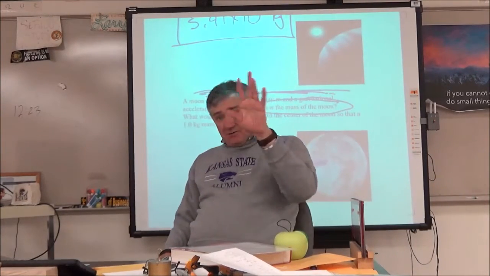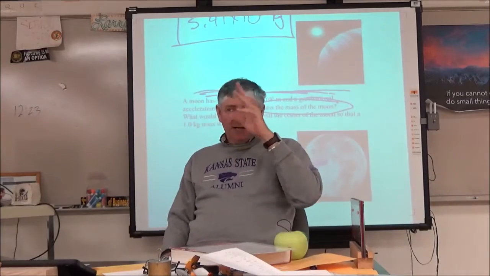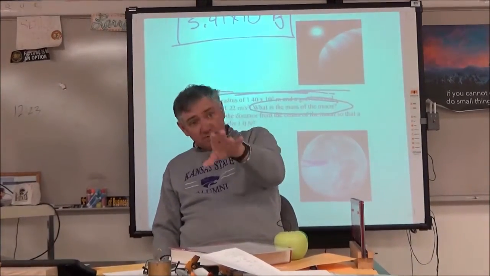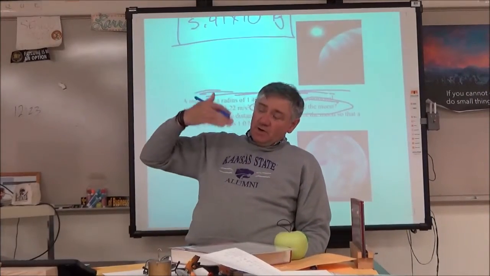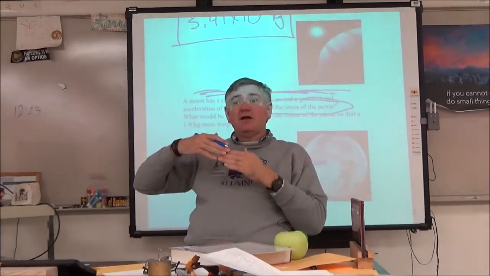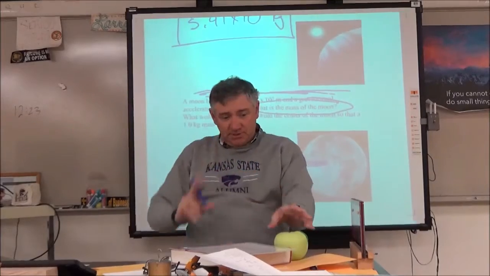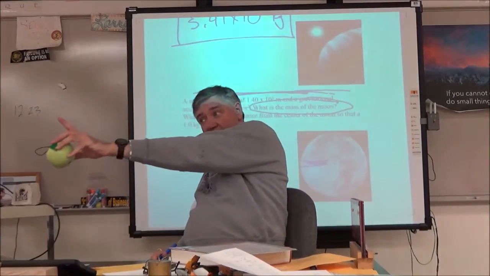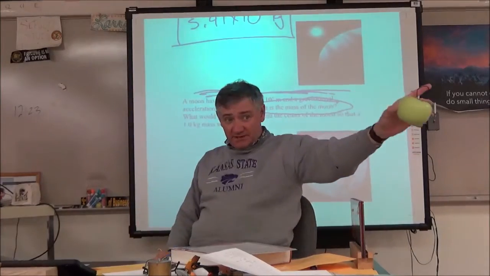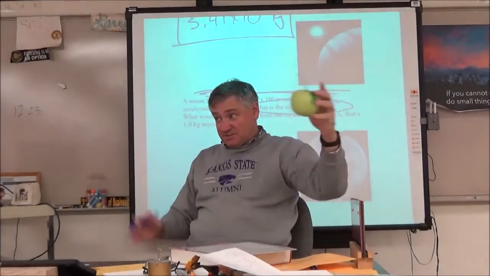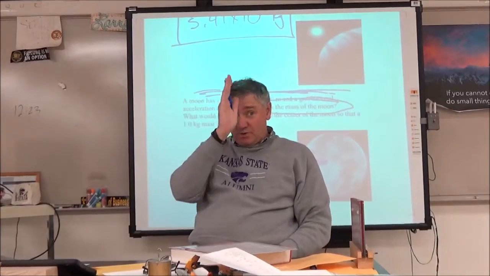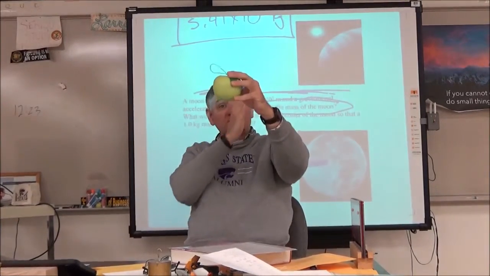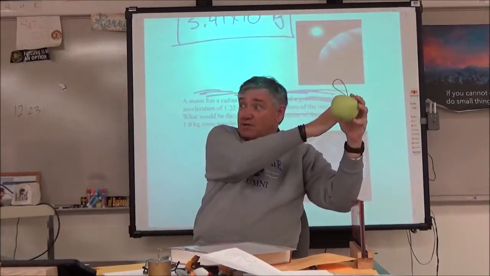So, and we'll talk about the moon launch later on, but to give you perspective on how tough it is to even get to the moon, imagine you're on one end of the football field, okay, and you have an apple on the other end of the football field. And this apple is moving, because when we launch to the moon, we can't launch where the moon is. We have to launch where the moon's going to be when we get there.